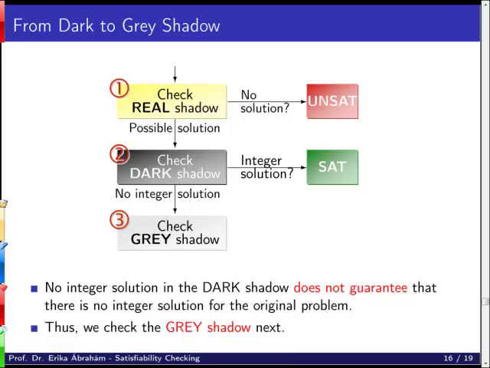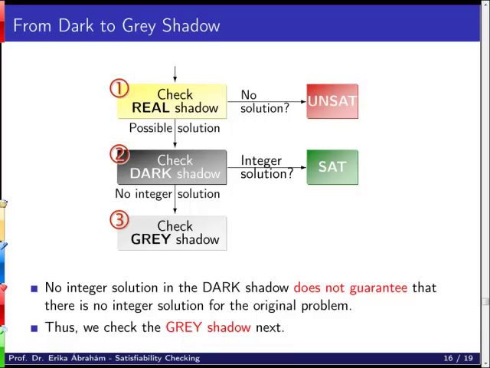And in some cases there are integer solutions, but we do not find them because they do not lie in this dark shadow. So in this case, we will check the gray shadow, and the gray shadow is just the complete real solution space without the dark shadow.